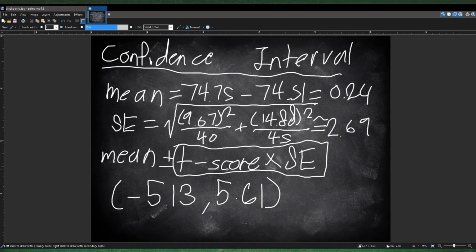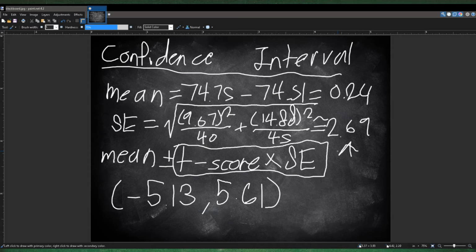So if you ever want to find your t-score, you basically just do this. You have your margin of error, which is like 5.37 rounded. So you have 5.37. Divide by your standard error, which is 2.69. So divide by 2.69.